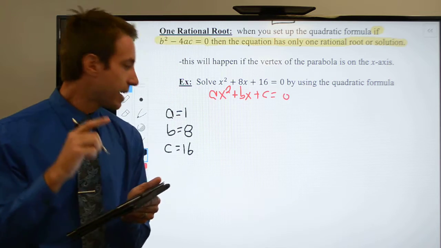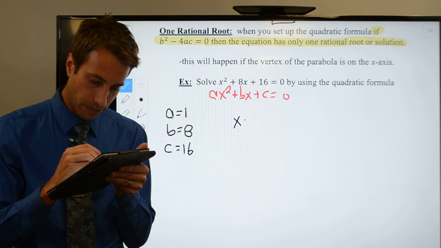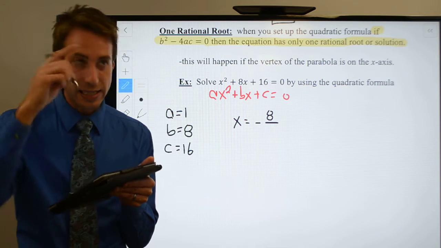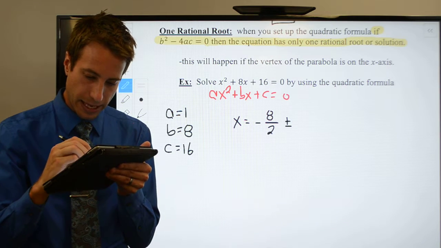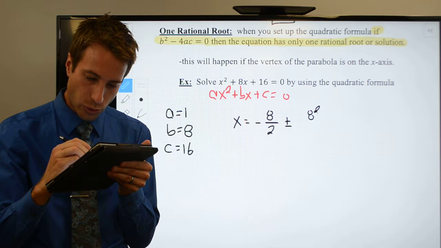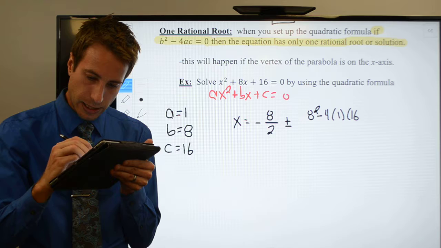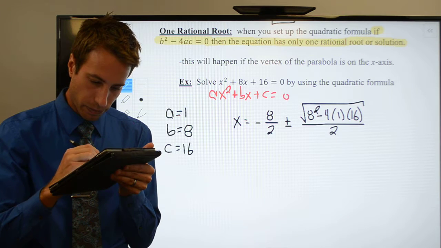Okay, here we go. It is plug and chug, guys, so let's go ahead and plug and chug. Minus, my b is an 8. It'd be 2 times a, but a is a 1, so it'd just be 2. And then plus or minus the square root of 8 squared minus 4 times 1 times 16, all over 2.